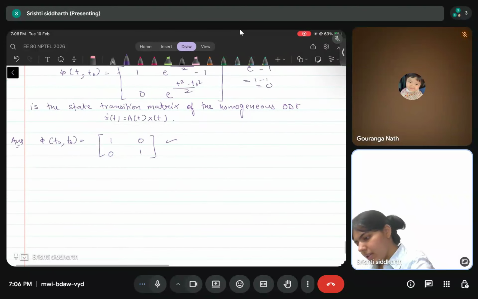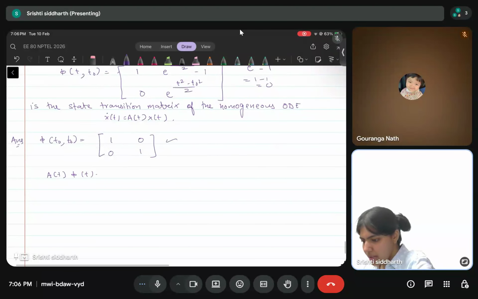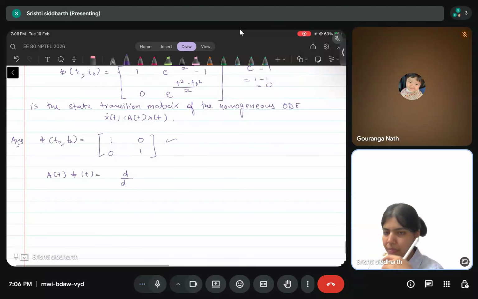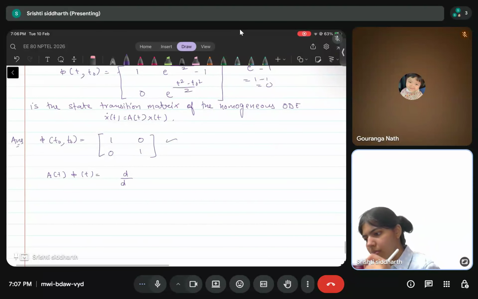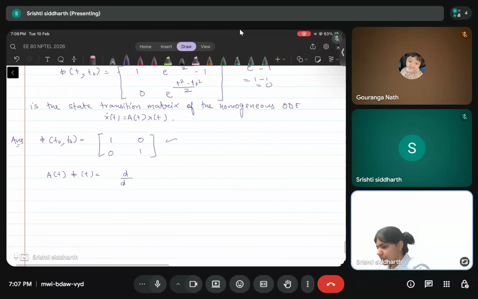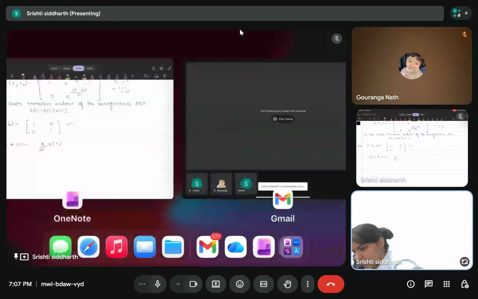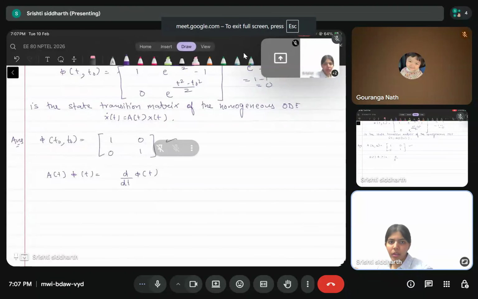Now we have the property that the matrix A(t) times phi(t) is d by dt of phi. Right.